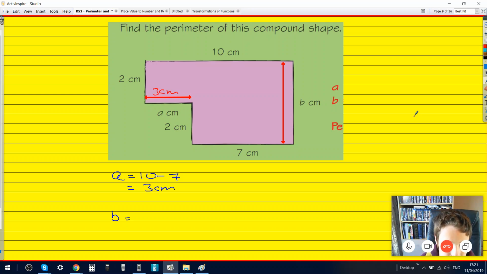And when that's extended all the way down, that would be the same as B centimeters, but we don't know what number B is. But we have the A, which is 3 centimeters, and so I'm not 100% sure. The perimeter.